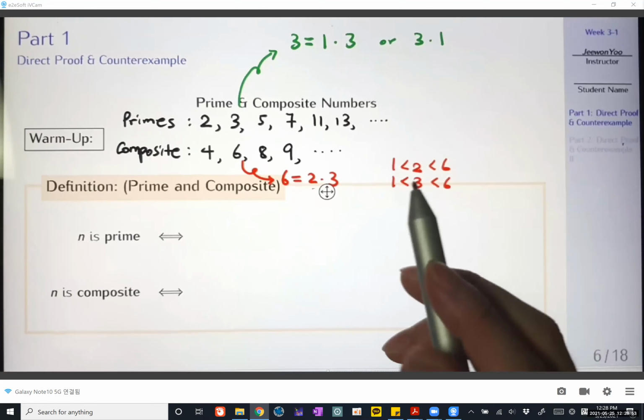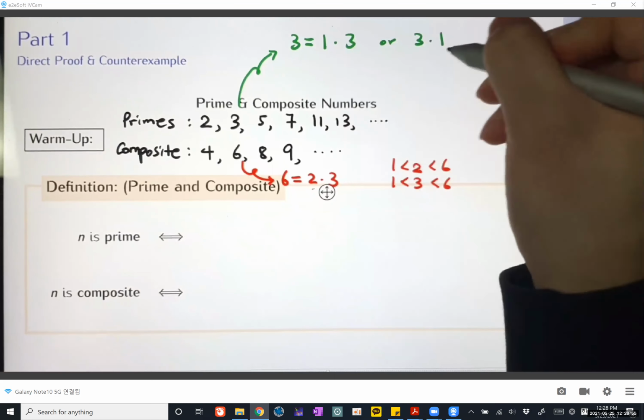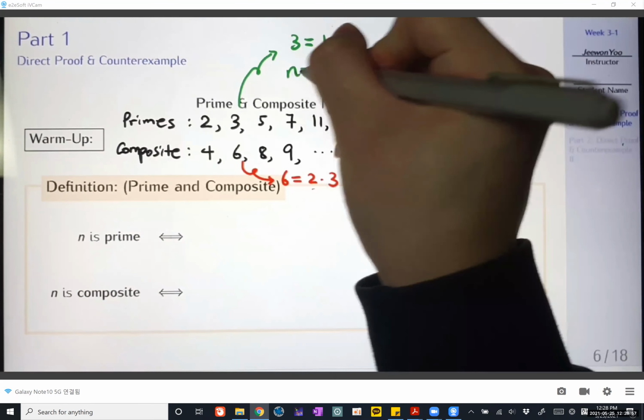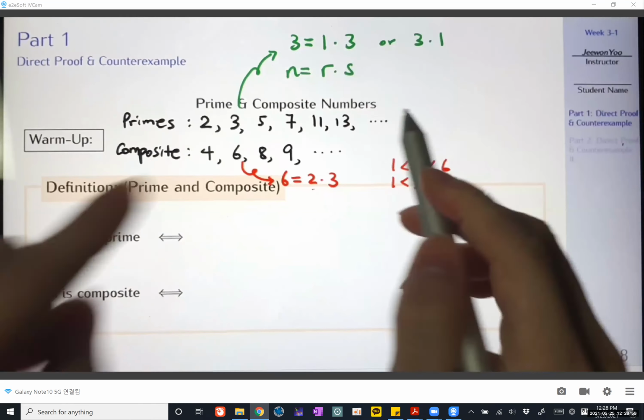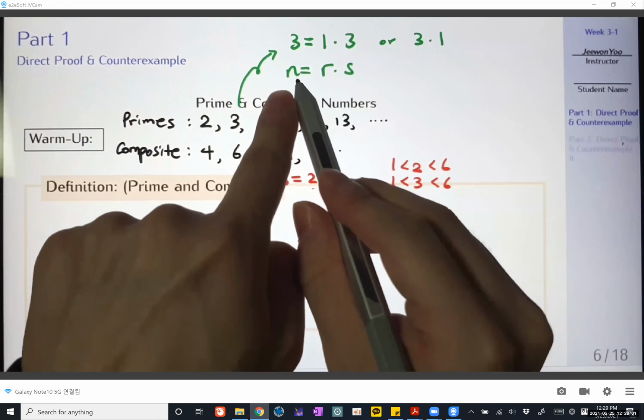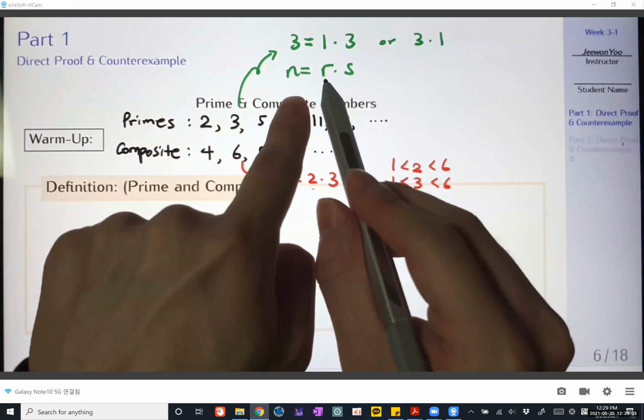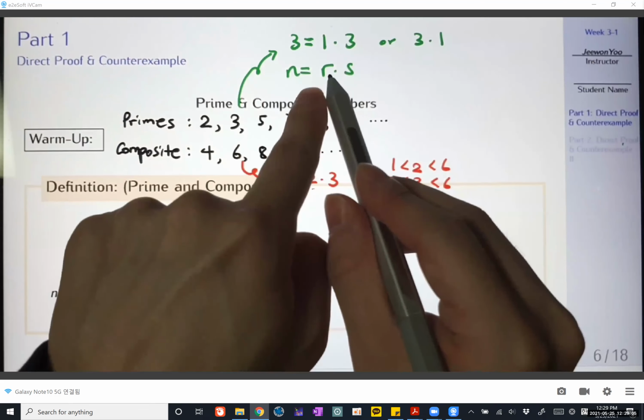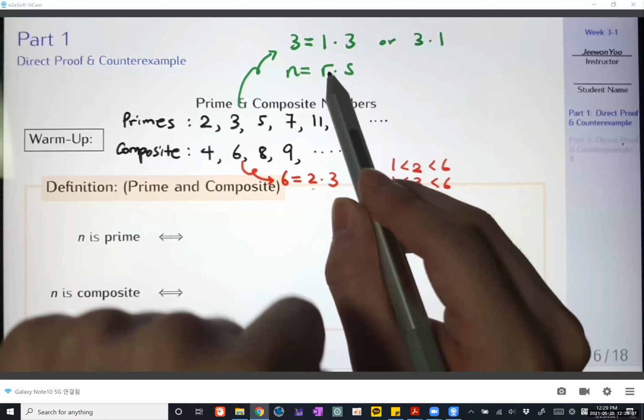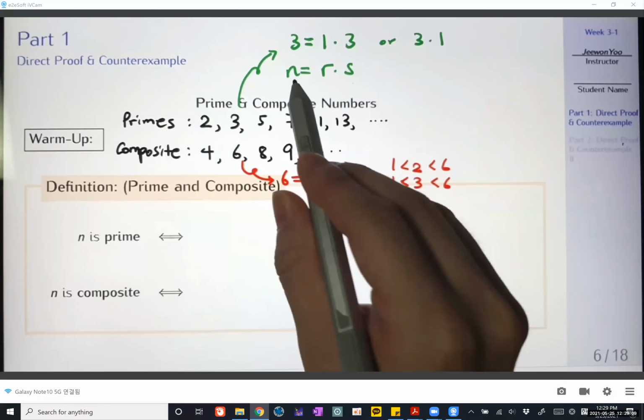So here's the important statement. We say n equals r times s if we can represent the number n as r times s, and the only factors of n are either 1 and n, or n and 1, then we can say n is a prime number.